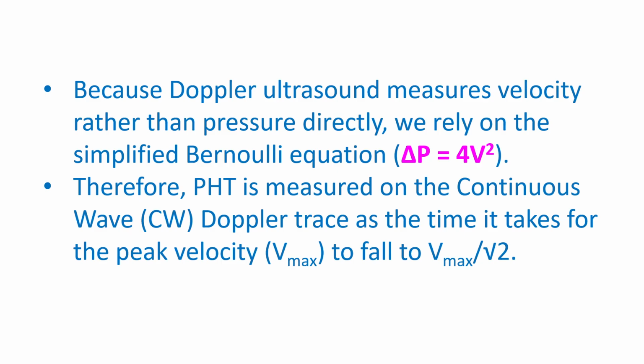Because Doppler ultrasound measures velocity rather than the pressure directly, we rely on the simplified Bernoulli equation, delta P equals 4V squared. Therefore, pressure half time is measured on the continuous wave Doppler trace as the time it takes for the peak velocity Vmax to fall to Vmax divided by root 2.